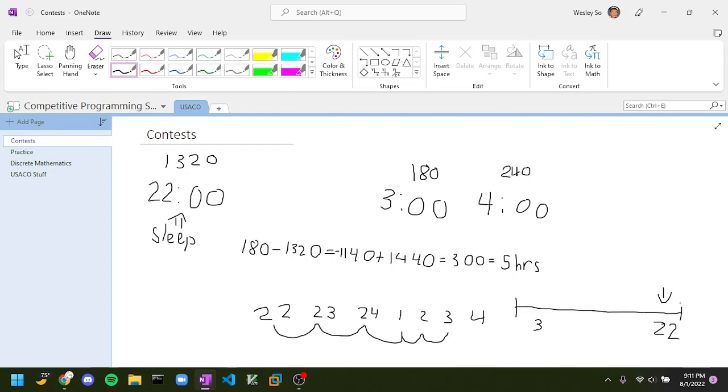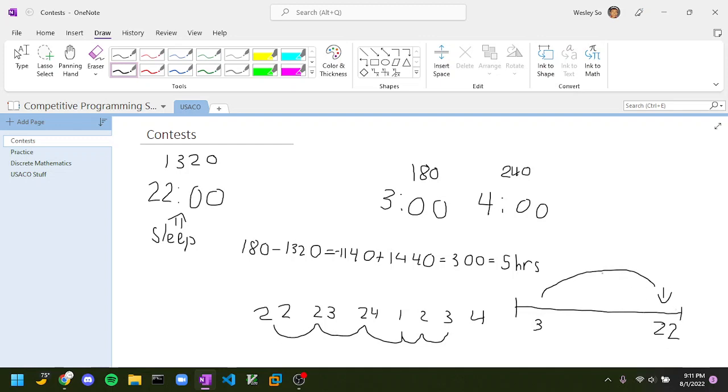So if the negative portion, if the part you subtract is just the negative version of this, because the alarm minus the time you sleep is equal to negative, so it would be this area in this gap.